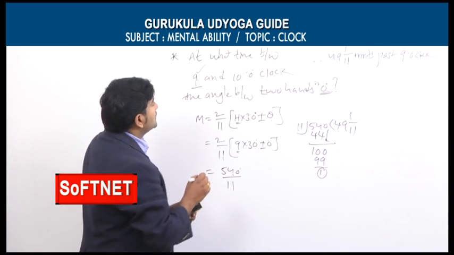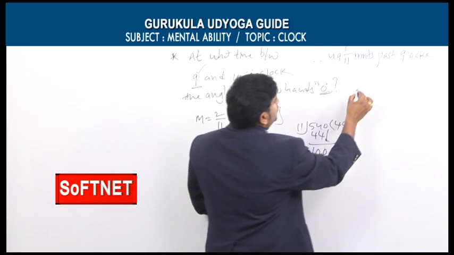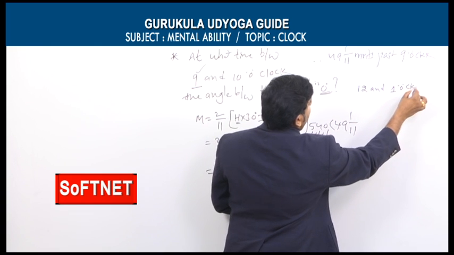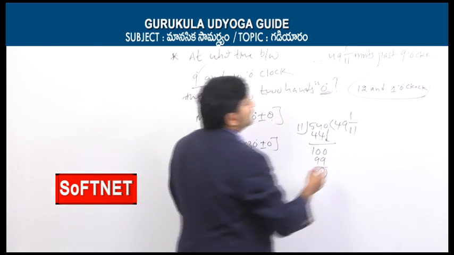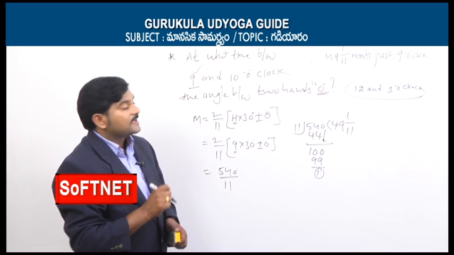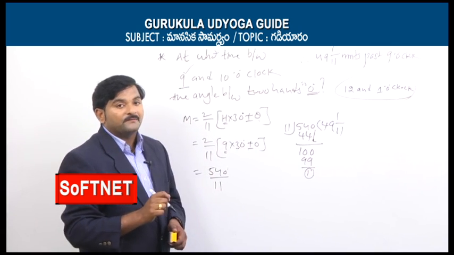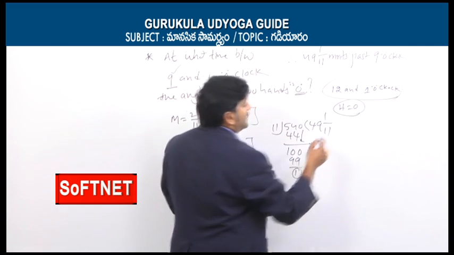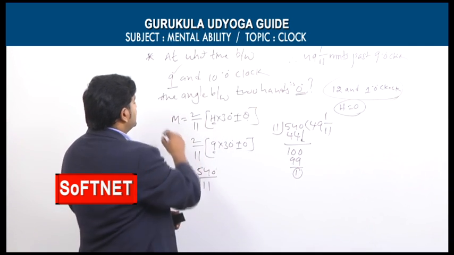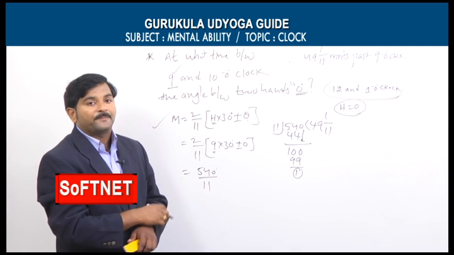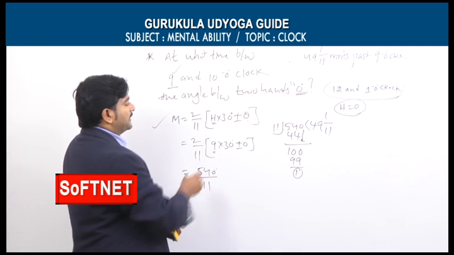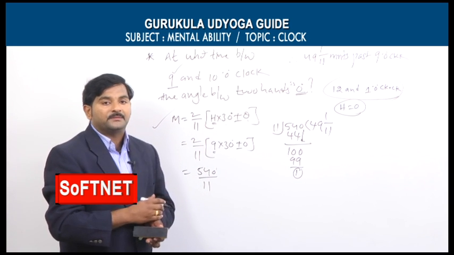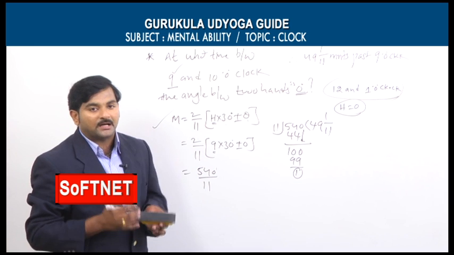But sometimes, for example, if he mentions 12 o'clock and 1 o'clock for the same question, since our starting hour is 12, we need to take h equal to 0 instead of 12. I already told you earlier when we were discussing this problem, m equals 2 by 11 into h into 30 plus or minus theta. These are the two problems related to the coincide concept.